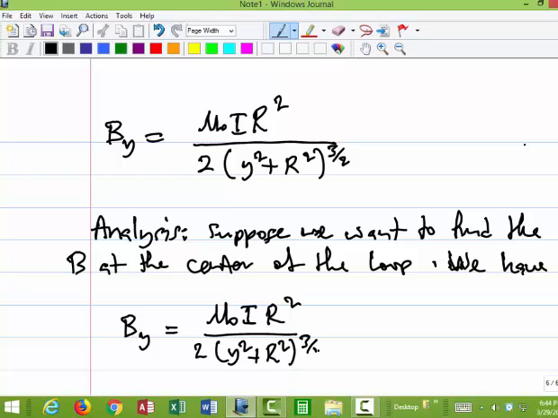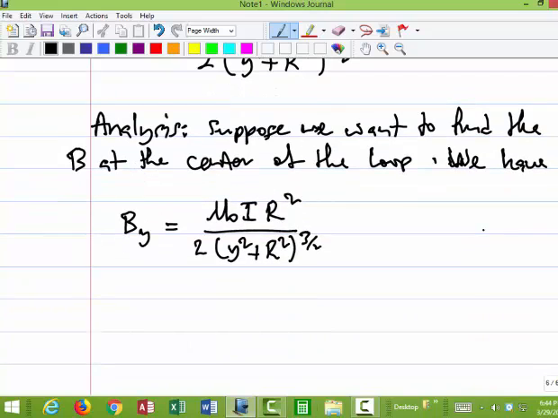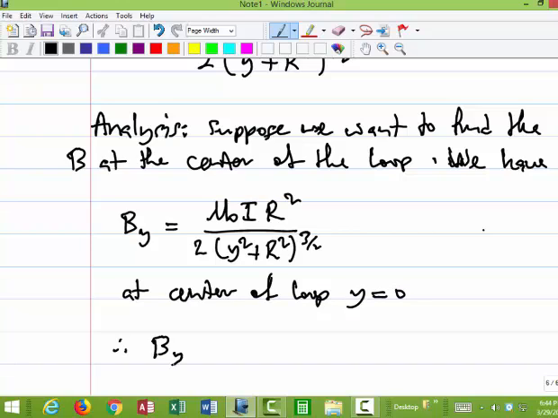If we want to find it at the center of the loop, then at the center of the loop, y is equal to 0. So at the center of the loop, we take y to be equal to 0.